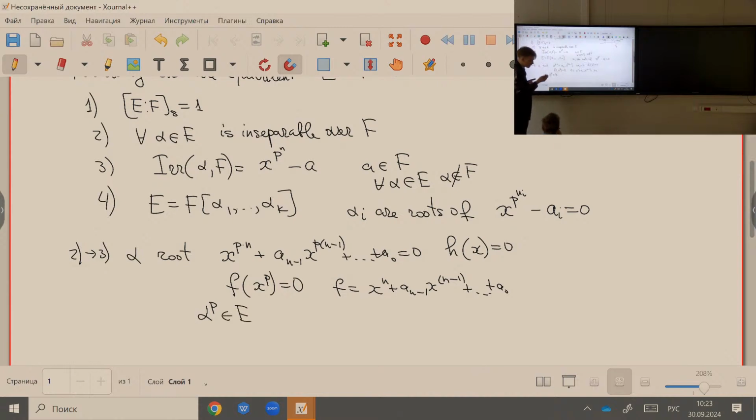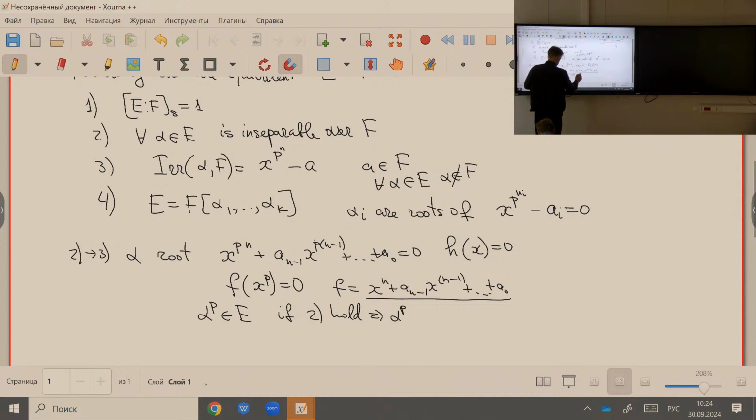So if it happens that you reduce the degree of the polynomial, still you can ask if it is separable or not. But if you know that all elements are inseparable, then this polynomial is still inseparable. So if 2 holds, then alpha^p is inseparable.